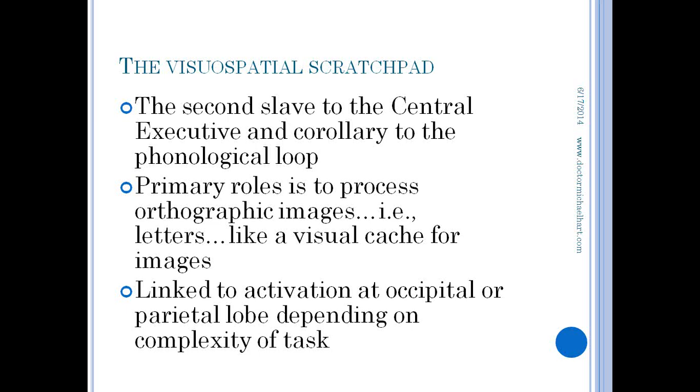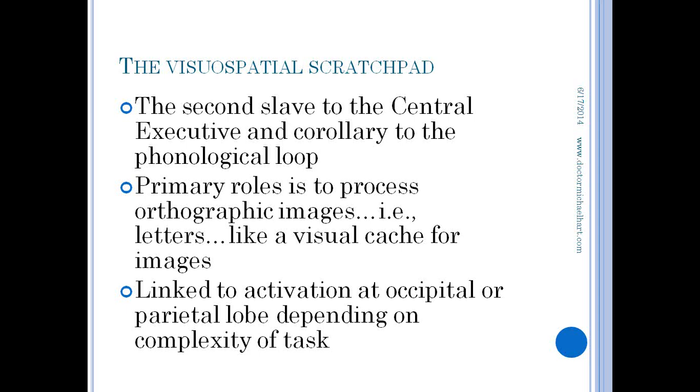In this case, they're talking about this second corollary to the phonological piece that also flows up into the central executive. And when they do, they didn't call it MRI, but it's MRI type testing. It's linked to activation at the occipital or parietal lobe, depending on the complexity of the task.